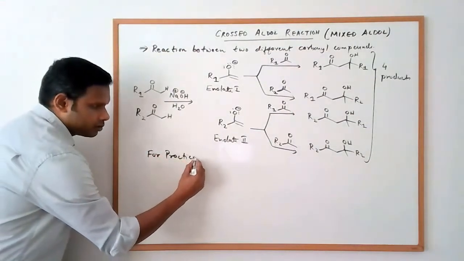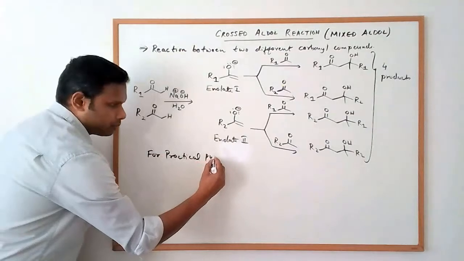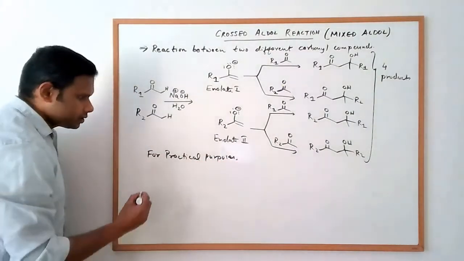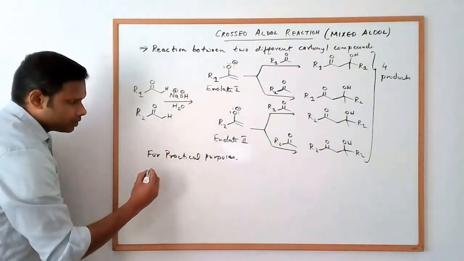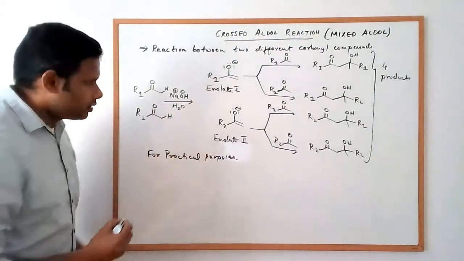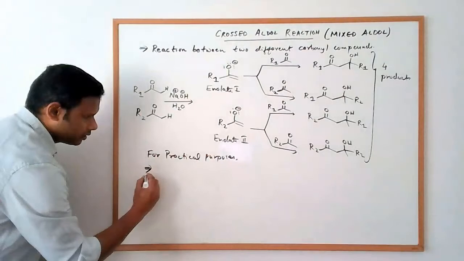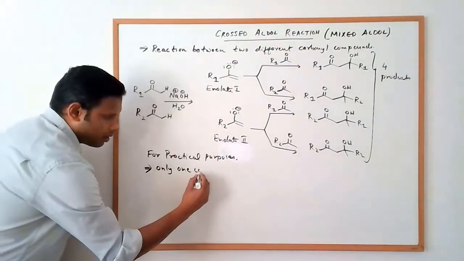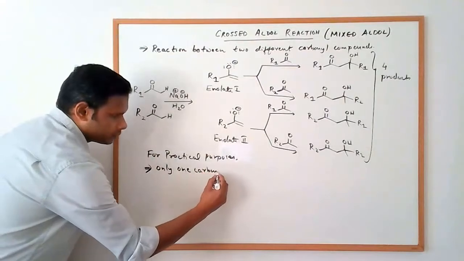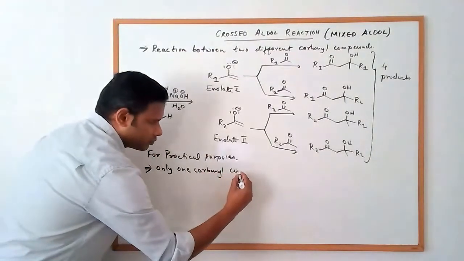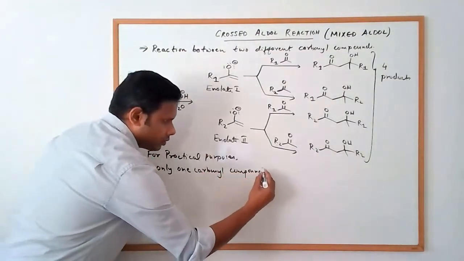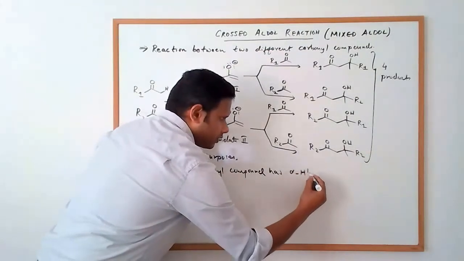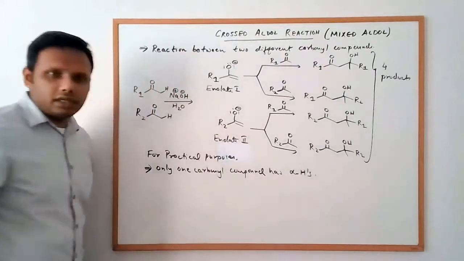So for practical purposes, to make this reaction more practical, what we do is we choose to do this reaction using only one carbonyl compound that has alpha hydrogens in it.